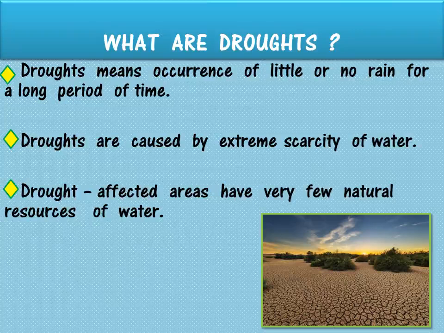Droughts mean the occurrence of little or no rain for a long period of time. Droughts are caused by extreme scarcity of water. Drought-affected areas have very few natural water resources left for irrigation and cultivation of crops, and for all the different uses of water; they all get affected due to drought.